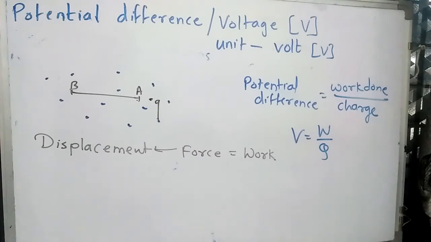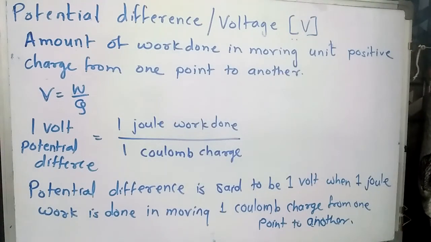Okay, so what can we say? The formula of potential difference is nothing but work done upon charge. Potential difference is denoted by V, work done is denoted by W, and charge is denoted by Q. So V is equal to W upon Q. Now if we want to define the potential difference or voltage, what is potential difference?